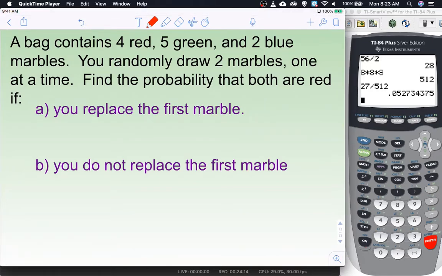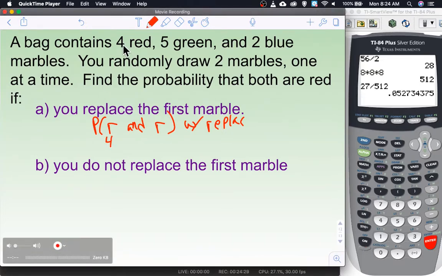So there's 4 red ones out of 4, 5, 6, 7, 8, 9, 10, 11. 4 out of 11, because there's 11 marbles in that bag, right?